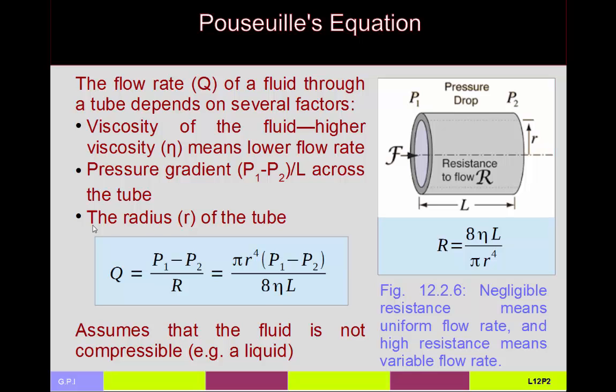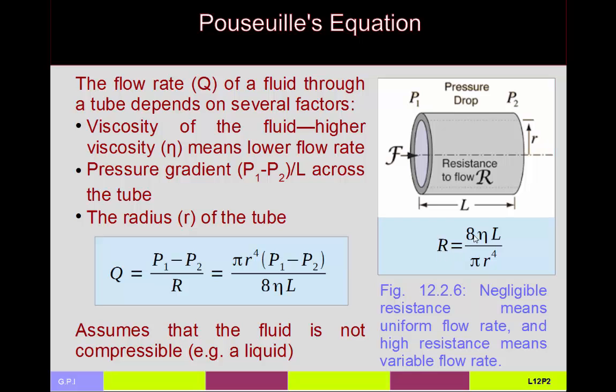In any case, the equation basically says that the flow rate is the pressure difference divided by what's called the resistance to flow, capital R. So this R is not the radius, it is in fact the resistance to flow.